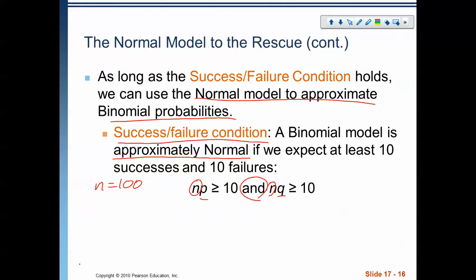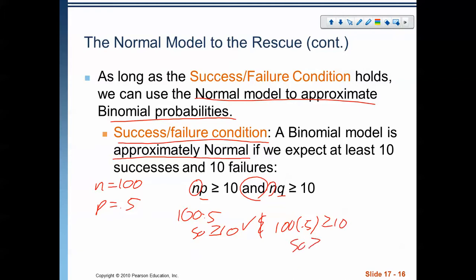I'm flipping a coin 100 times, and I'm going to see what's the probability of getting 65 heads, okay? My trials is 100. My p is 50%, so is this big enough? 100 times 0.5 is 50, which is greater than 10, so that checks out. And 100 failures times 0.5 is also 50, which is bigger than 10, so that checks out.